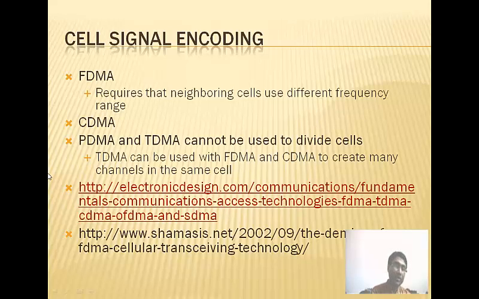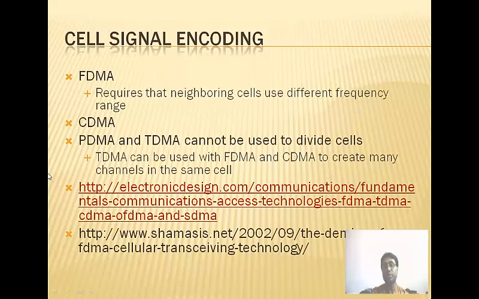In FDMA, as I said, the company divides its frequency range and uses a particular frequency range for a cell, and within that range it is further subdivided into channels of smaller frequency ranges.